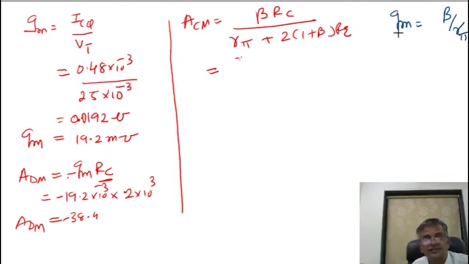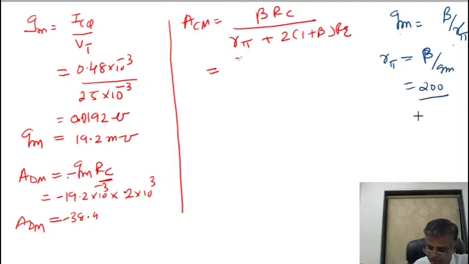What is GM? Current gain upon input resistance. So R pi is beta upon GM. What is beta? 200. GM I have written as 19.2 into 10 raised to minus 3. So you will get nearly 10.4 kilo ohm.